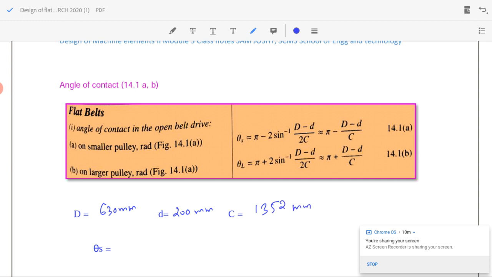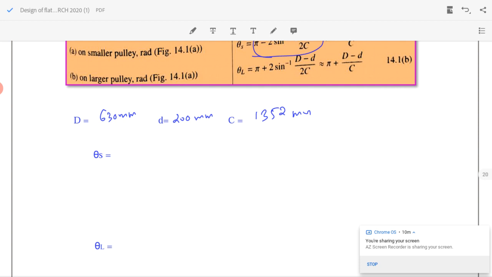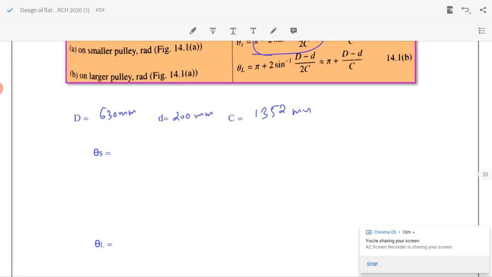You will get theta S. Here theta S equal to pi minus 2 into sine inverse of (D minus d) by 2C, where theta S is the angle of contact for the smaller pulley. So there is a larger pulley and a smaller pulley.